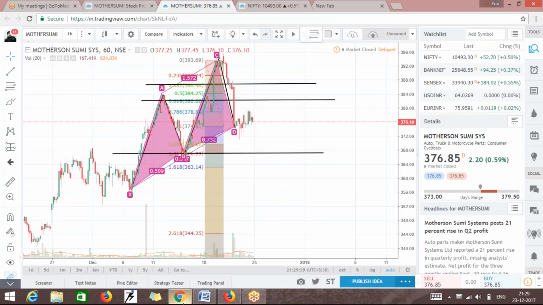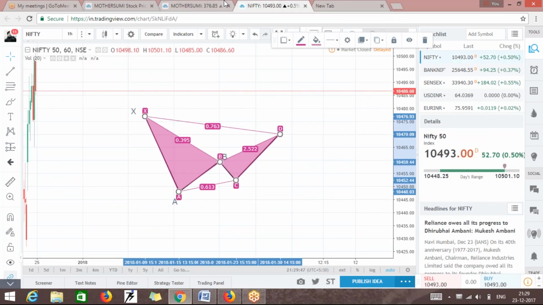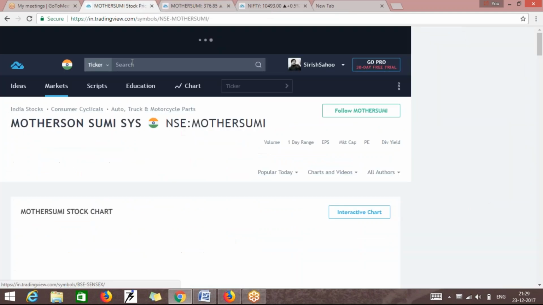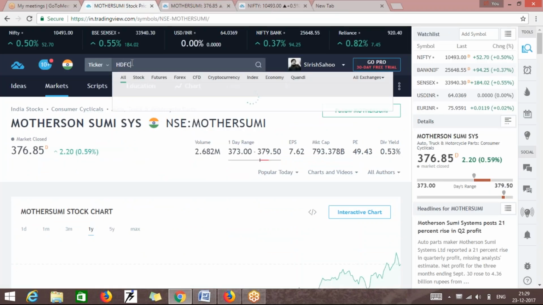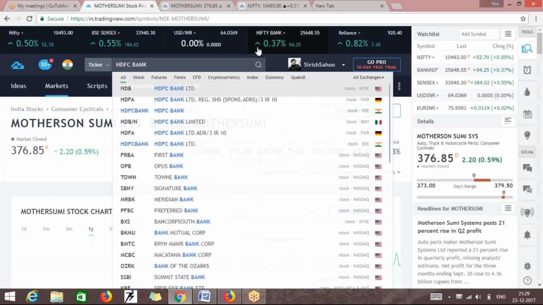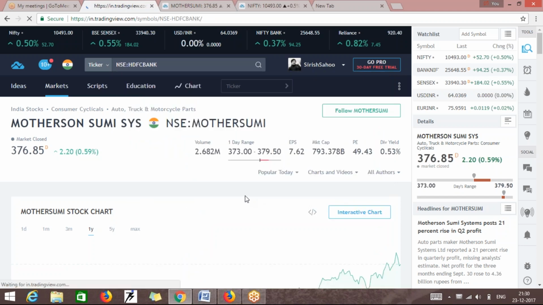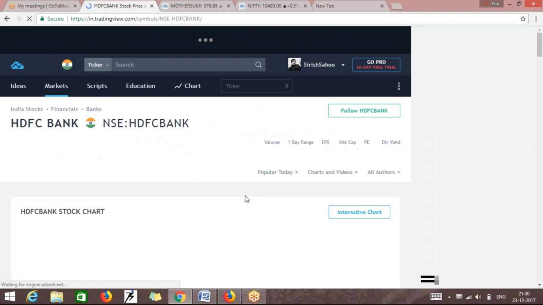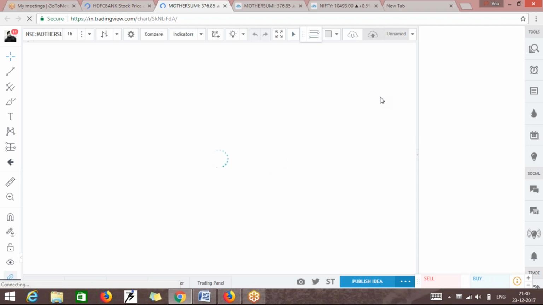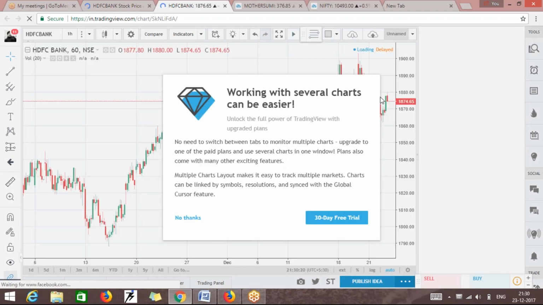So we could see another chart. Suppose we'll be looking into HDFC Bank. I have seen HDFC Bank, it's quite volatile, but it's almost traveling in a range. For quite some time I have noticed that it's traveling in a range, moving to a certain point and again coming back.